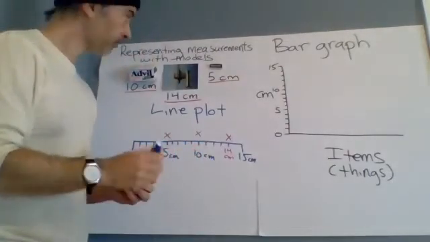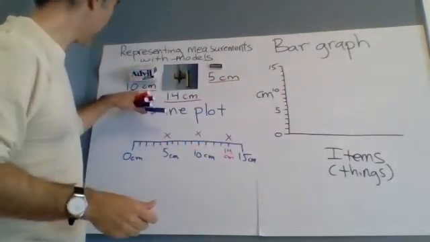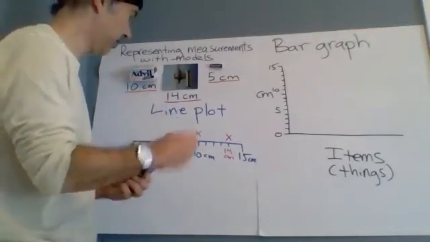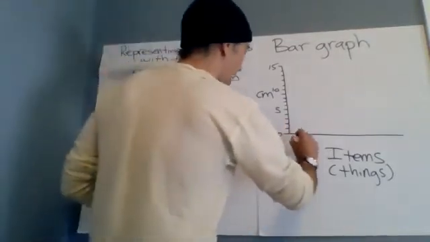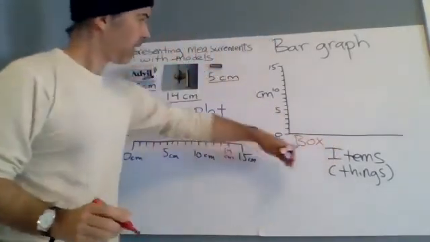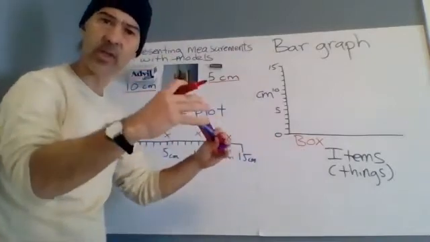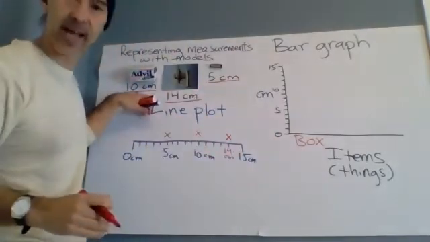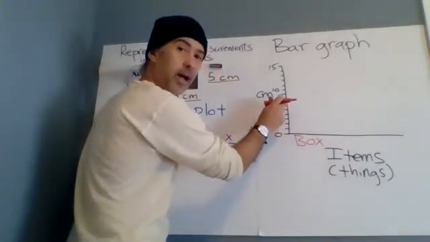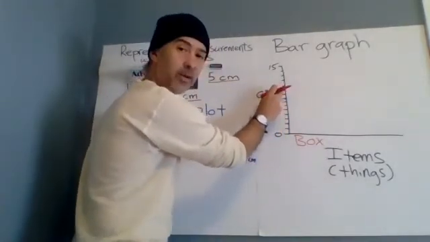Okay. So, let's see. What color is the box? The box is red. So let's go with my box. How long was the box? 10 centimeters. So I go now up this side till I reach 10 centimeters.